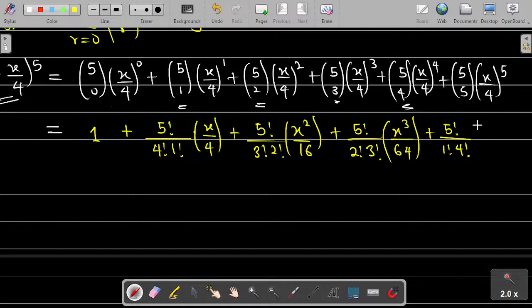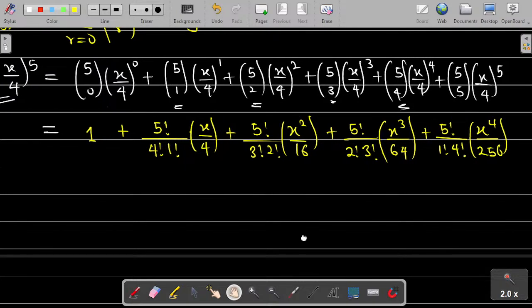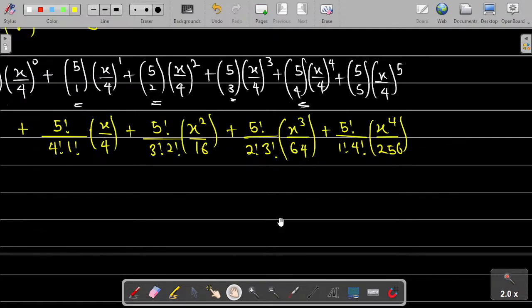That will be multiplied by x raised to the power of 4 over 4 raised to the power of 4. 4 raised to the power of 4 is 16 times 16, which is 16 squared, that's 256 if I remember very well. And then finally we will have 5 combination 5, which I already said is 1, and that will give us x to the power of 5 over 4 to the power of 5.